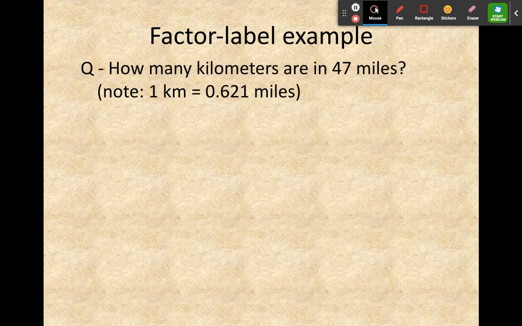Okay, so we're going to do this problem together. You don't have to write the question down. So how many kilometers are in 47 miles? And then it gives you your conversion factor where 1 kilometer equals 0.621 miles.